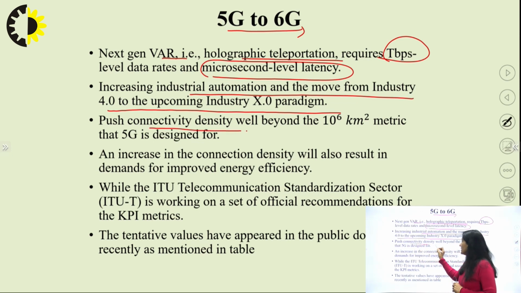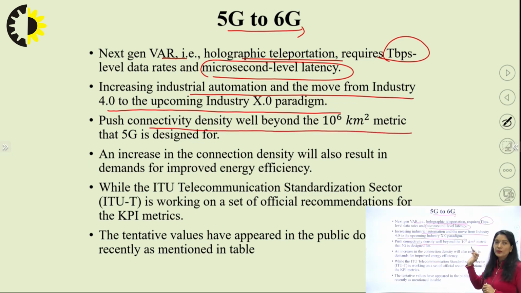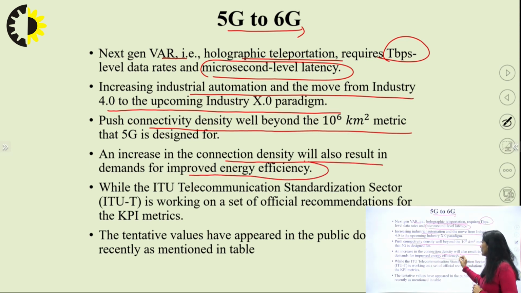Push connectivity density well beyond, it will be 10 to the power 6 per kilometer square, more than 5th generation is designed for. An increase in connection density will also result in demands for improved energy efficiency. Yes, even in 5th generation we are thinking about energy efficiency, but in 6th generation, because of the increase in density, we have to have a very energy efficient network. So this is again another requirement.